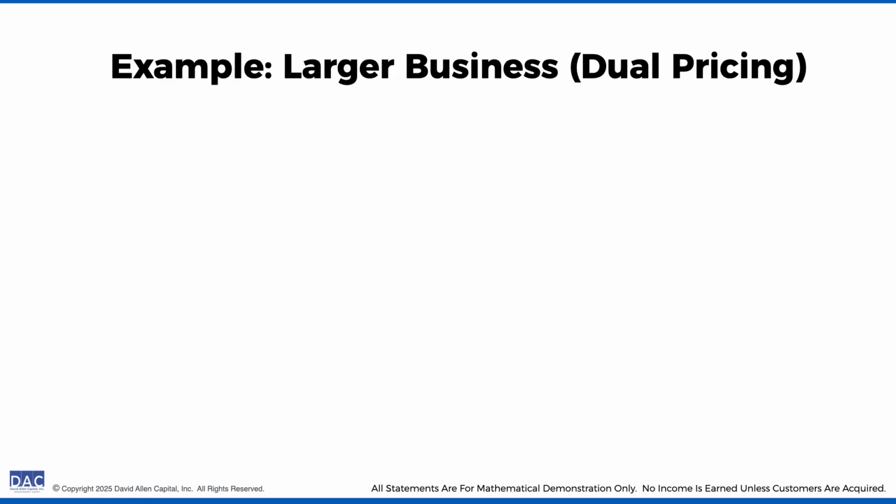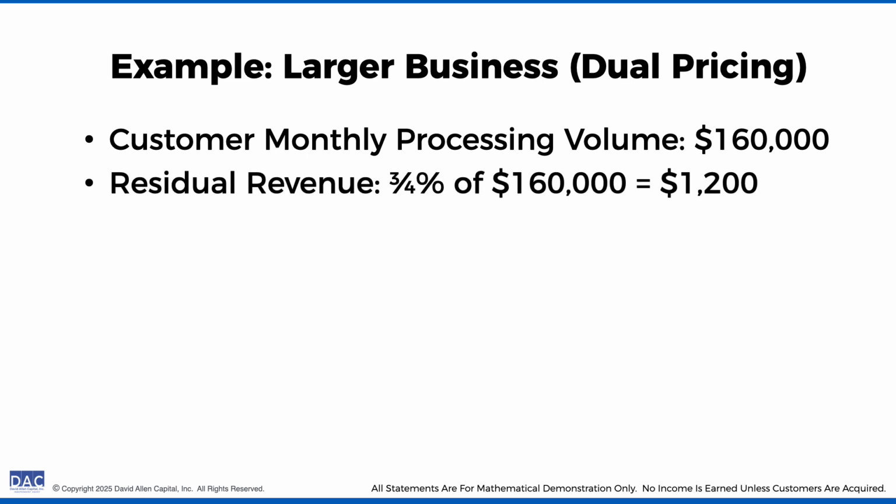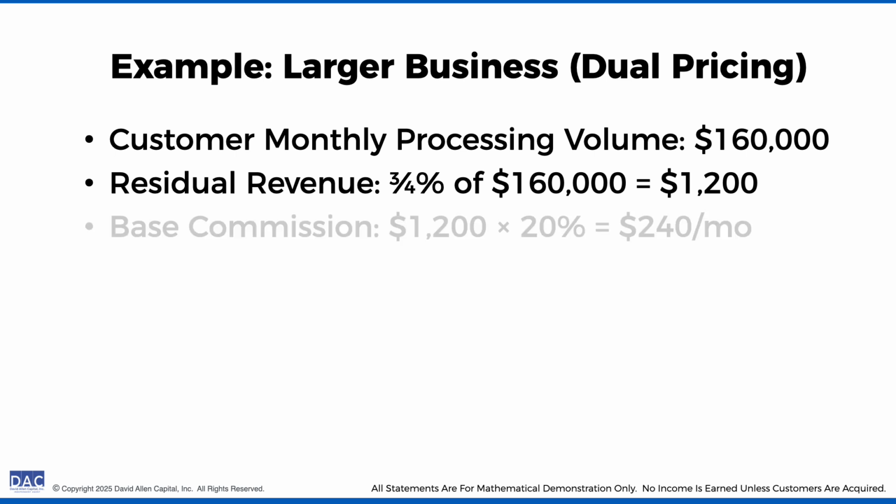Okay. Now let's look at a larger client. Let's say you got a restaurant doing $160,000 a month in processing. Well, your residual revenue on average should be about $1,200 personal residual revenue monthly. Hey, that's going to get you up the ladder to the 40% mark, but base commission would be 20% minimum, $240 a month.